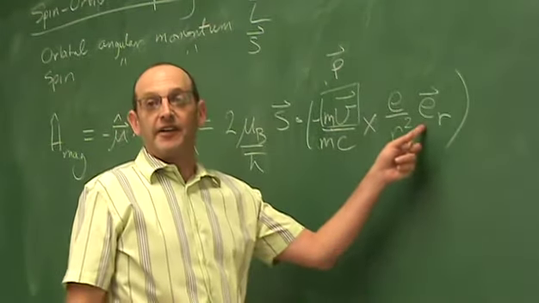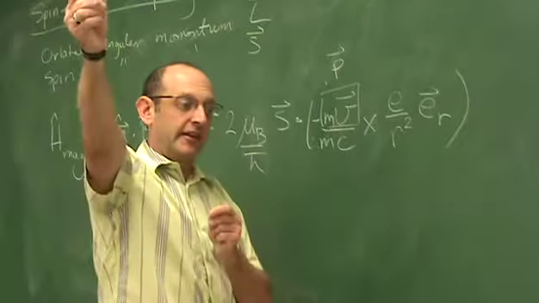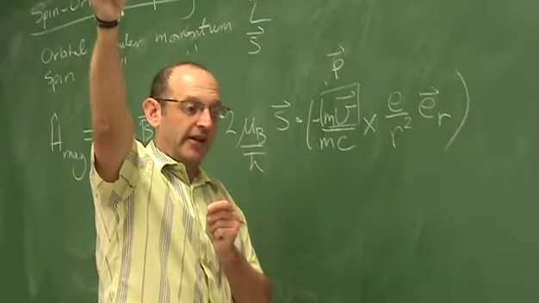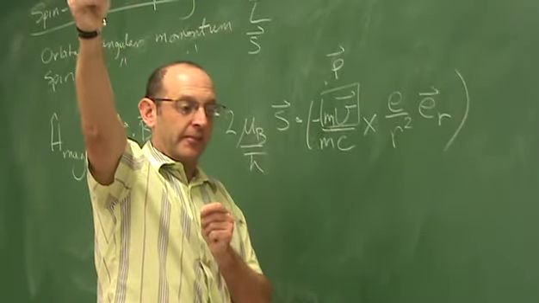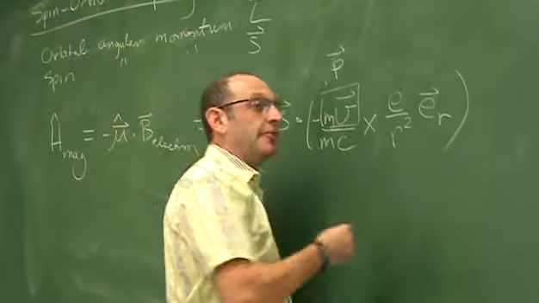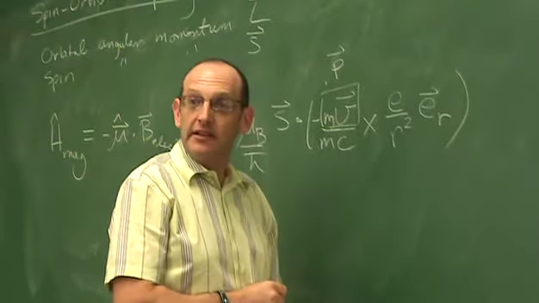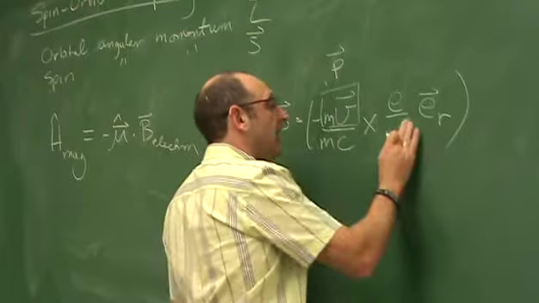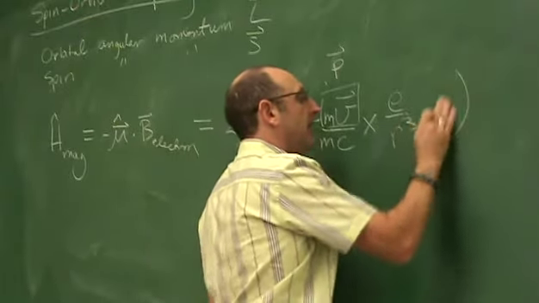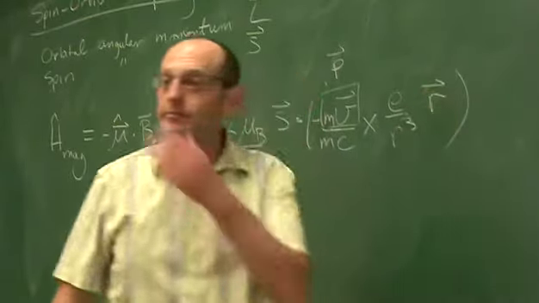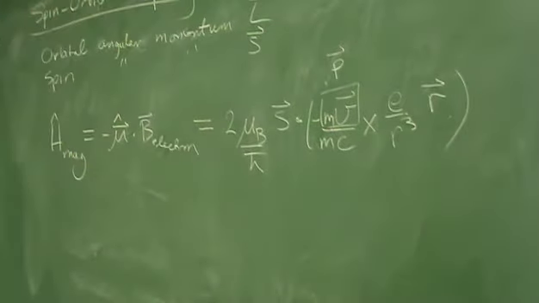The unit vector related to the radial distance of the electron from the charge can be re-expressed in terms of the position of the electron by multiplying top and bottom by r. Okay.